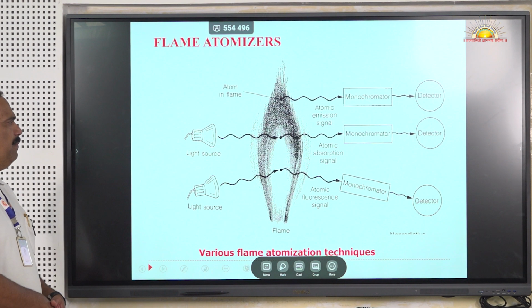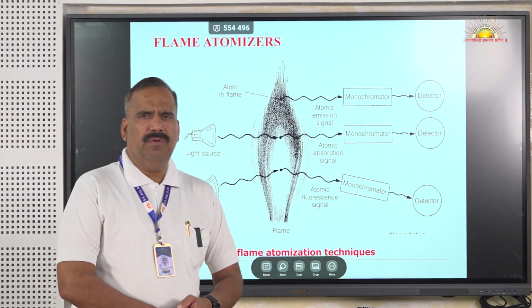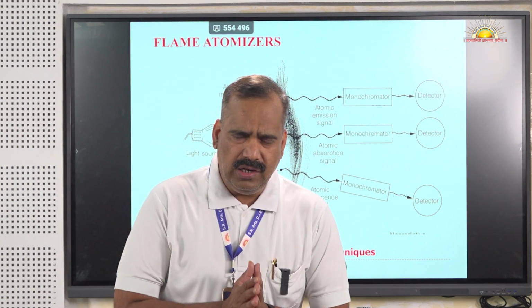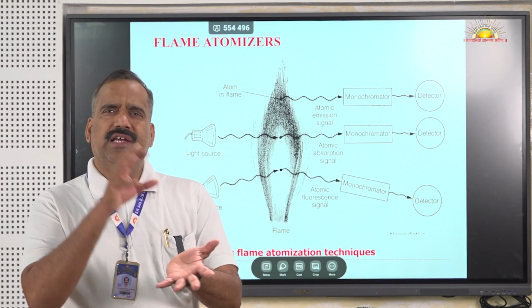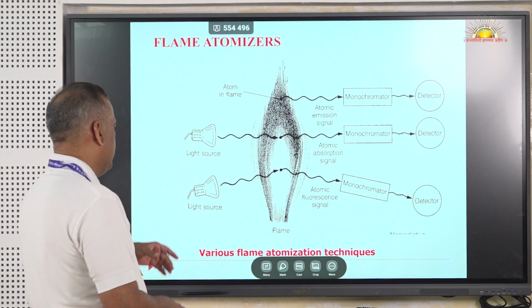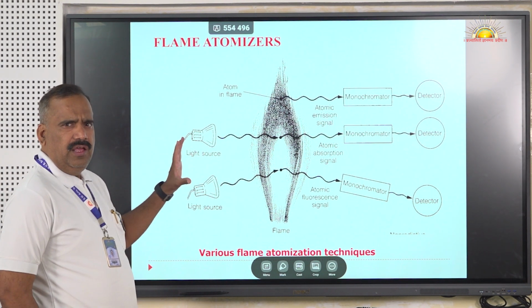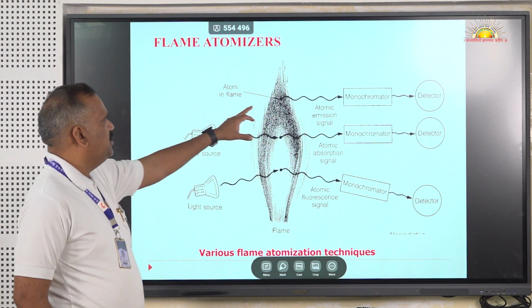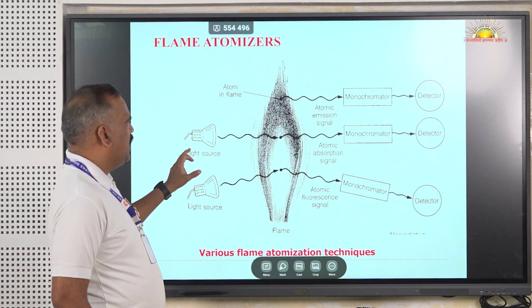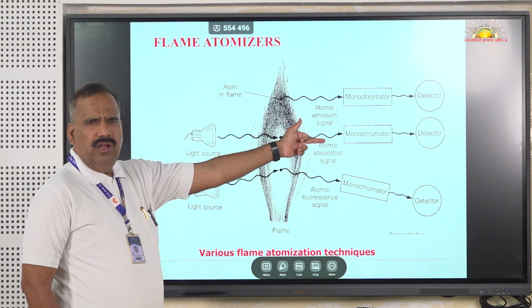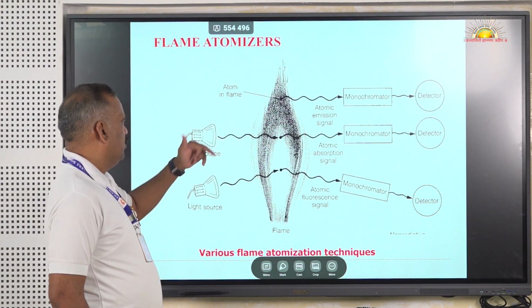Then this is the flame atomizer. All the work is carried out inside the flame, and that is why the flame atomization technique is very important in AAS. These are the atoms in a flame. Then this is the light source, which is passed through the flame.